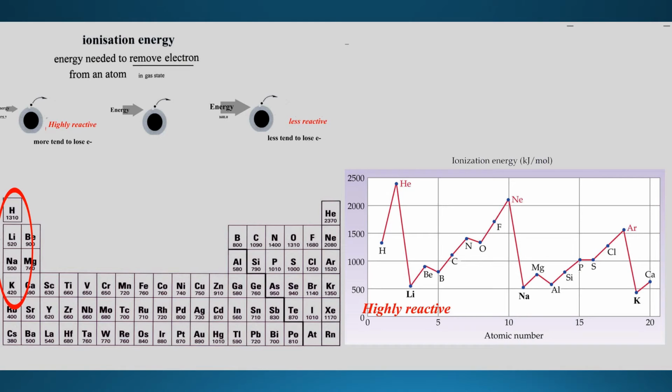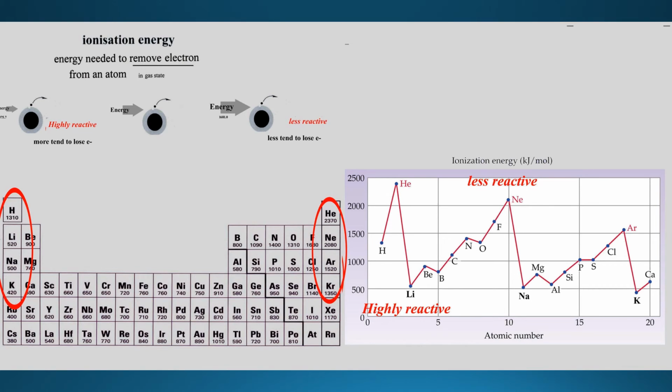And now what is the least reactive, unreactive? This one will tend less to lose electrons, and they require high energy in order to lose the electron. Which group is that going to be? The top group, which requires a lot of energy.